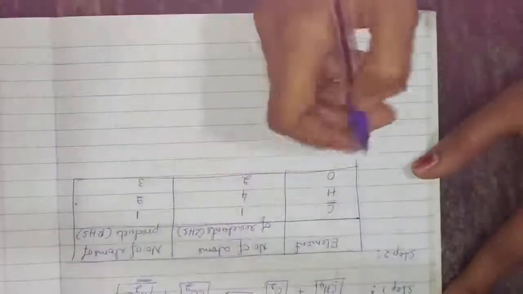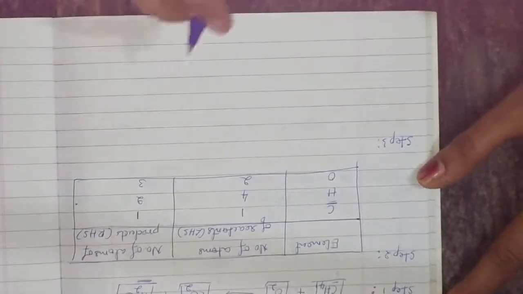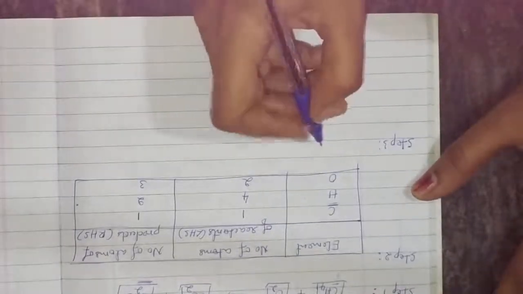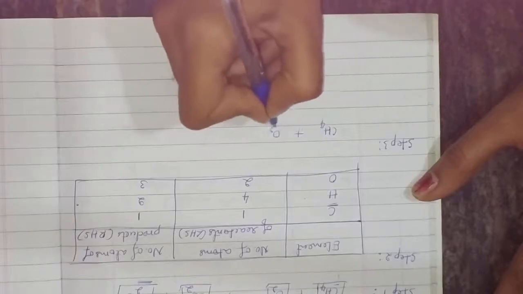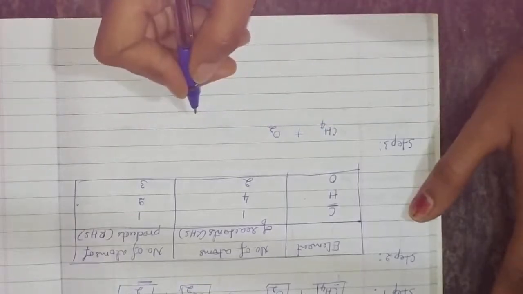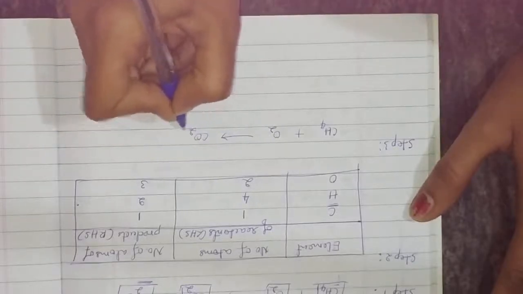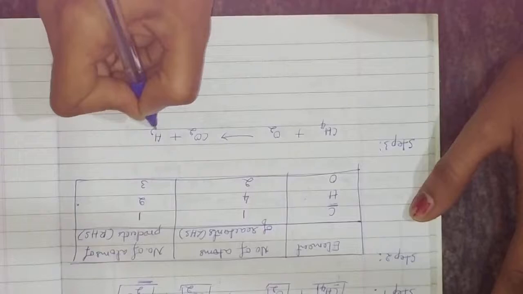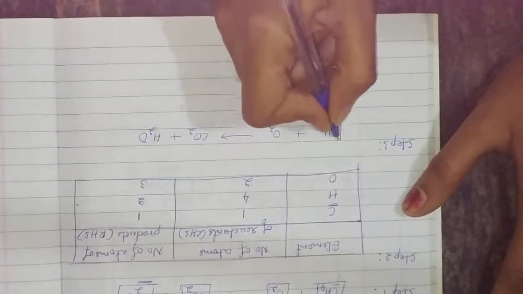Okay, in step 3 we will start balancing the chemical equation with the compound which contains more number of atoms. We will start with this methane.